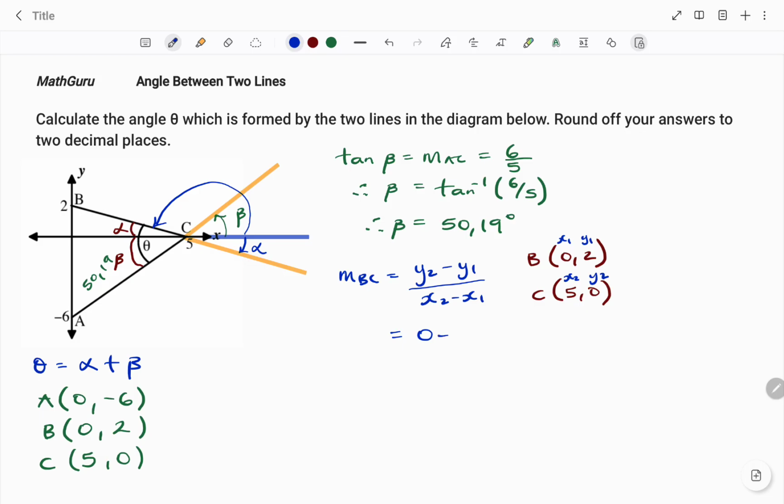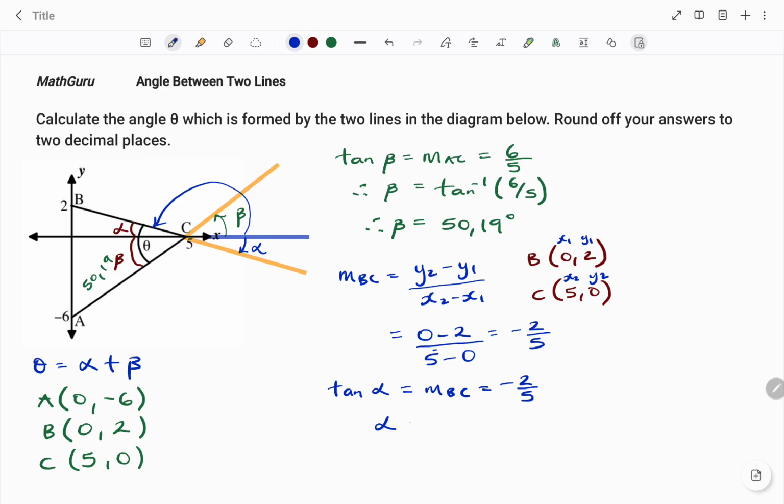I have 0 minus y1, which is 2, divided by x2, 5, minus x1, which is 0. I'm going to have negative 2 over 5. That's a negative gradient. So note that for my angle of inclination, that's alpha in this case, I have tan alpha equals negative 2 over 5, which is equal to the gradient of MBC.